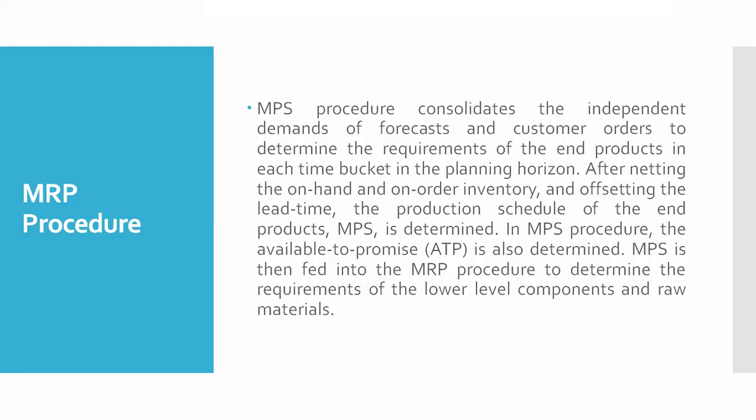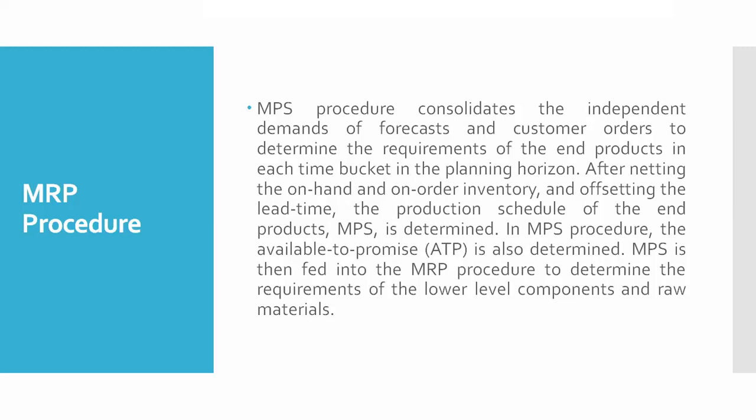That is the master production schedule. So in the master production schedule procedure, the available to promise, कितना available है और कितना मैंने promise किया था, is also determined. मैंने promise किया suppose 100 units, so मैं available कर रहा हूँ आपको 70 units, तो 30 gap आ रहा है हमारे promise में और availability में. So that can also be determined when you apply the MRP procedure with MPS.